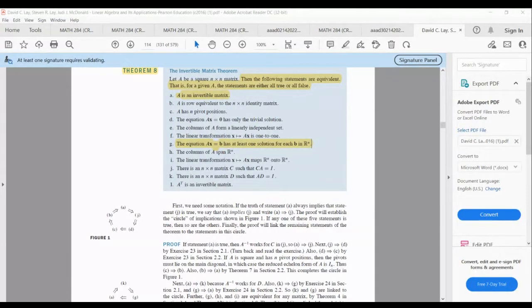See that? So the invertible matrix theorem, when you look at it, seems a little bit like, oh wow, this is the biggest theorem I've ever seen in my life in math. How many of you are like, this is the longest theorem I've ever seen yet? What do you think, Jacob?